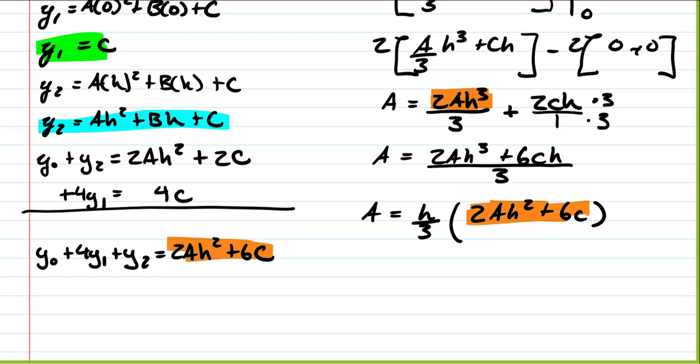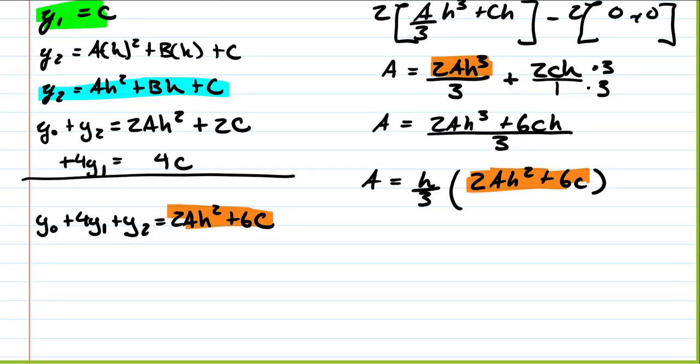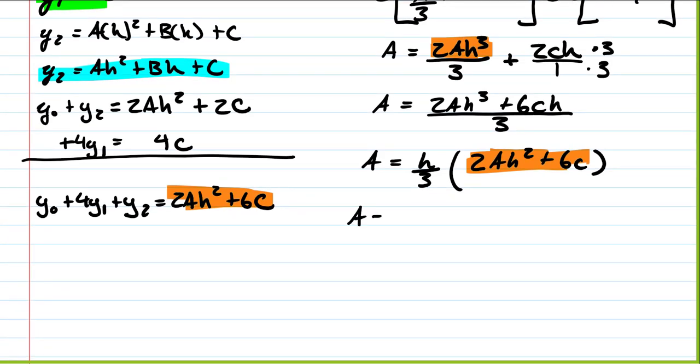So substituting that in, I get that the area under each of those parabolas is h over 3 times y0 plus 4y1 plus y2.